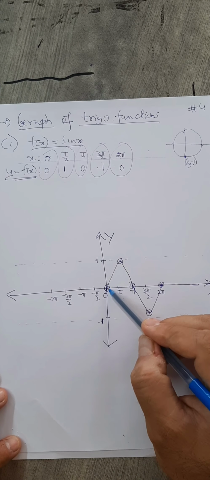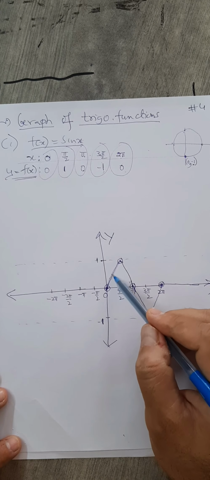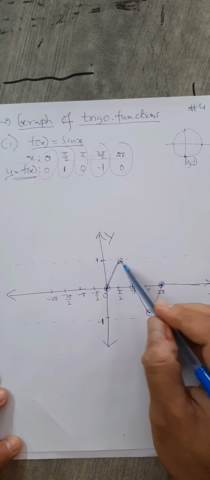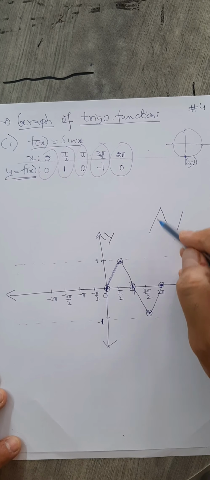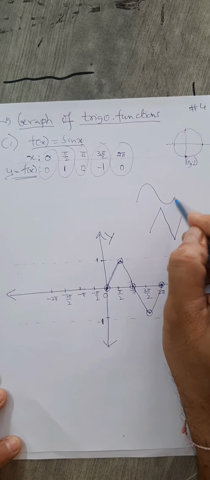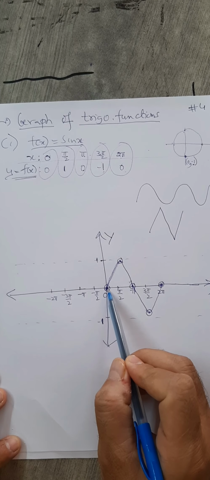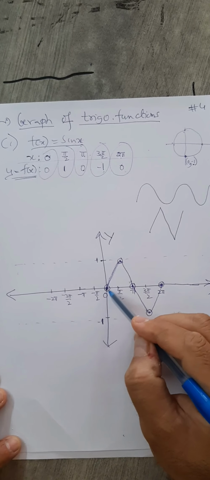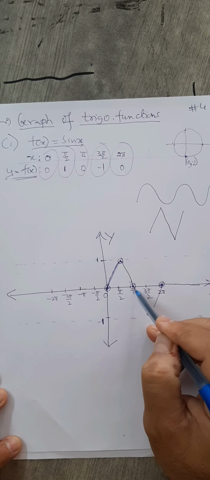If you remember, see here 0 to pi by 2, which quadrant? First quadrant. You see the graph goes up, the value increases. So in the first quadrant, sine is an increasing function. Don't draw it like this, remember. It's a curve shape like this. Pi by 2 to pi, which quadrant?